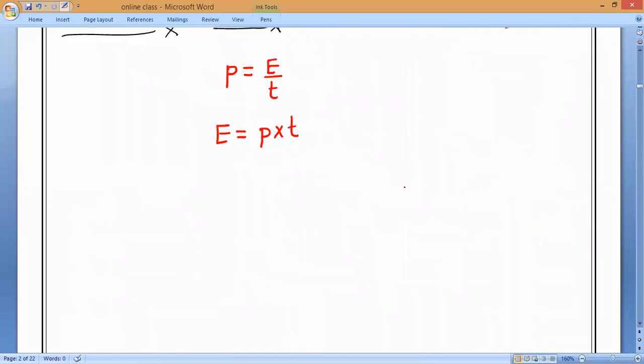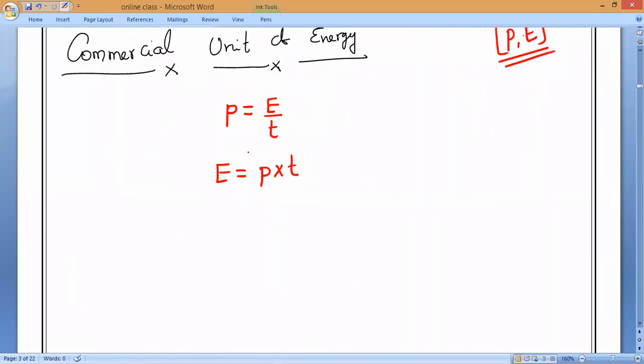Now, from this, can you tell me what is the energy formula? Energy is equals to power into time. Now, the unit of power is kilowatt, small k, capital W, and as I told you, if I take the power unit as kilowatt, time must be in hours. So let me write the full form.